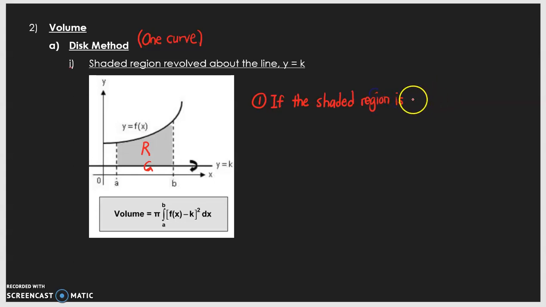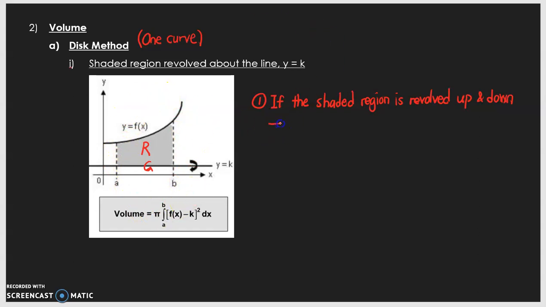is revolved up and down. For the example, let's say here is up and down, revolve up and down.